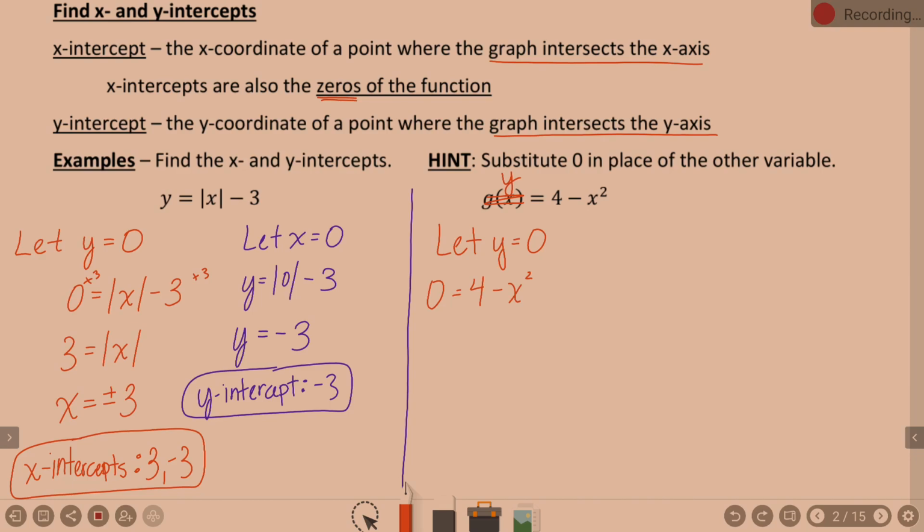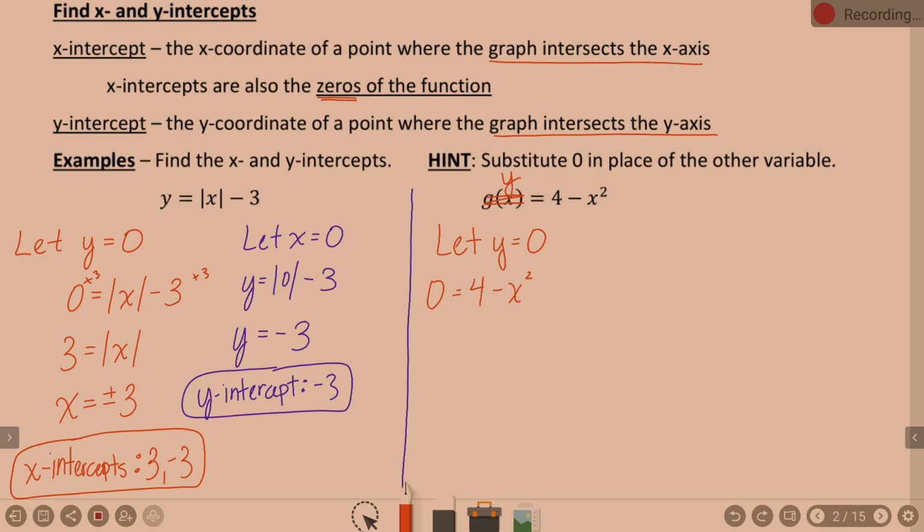Subtract 4 from 0. Okay, and I'm good with that, what's the other option? Maybe we should just subtract 4. We could subtract the 4 over here, and then we're going to have -4 equals -x squared.